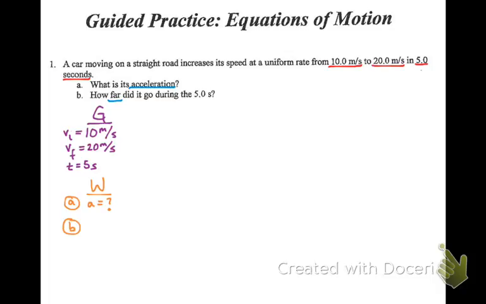As long as you obtain the answers, it doesn't matter to me how you got there. There are multiple ways to do this, and you're going to learn that. You may have done this in a different way than a way that I'm going to do it. So part B says how far did it go during the 5 seconds, so that would be our displacement. So that's what we're going to solve for here.